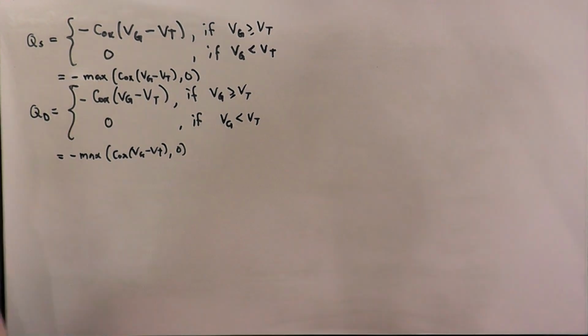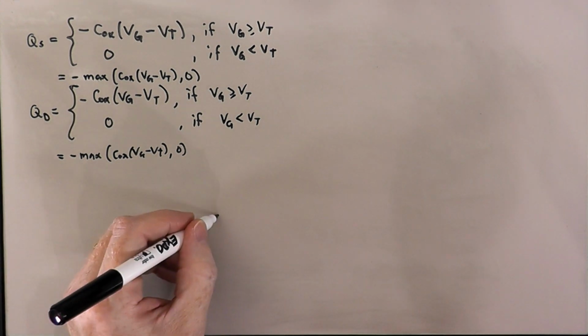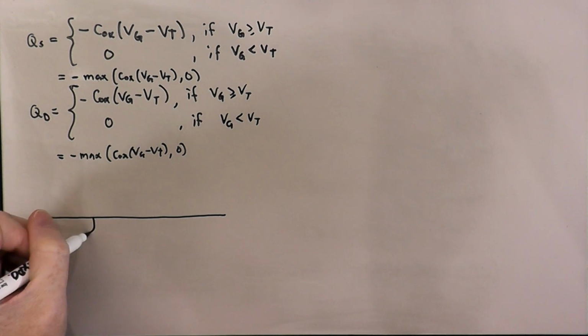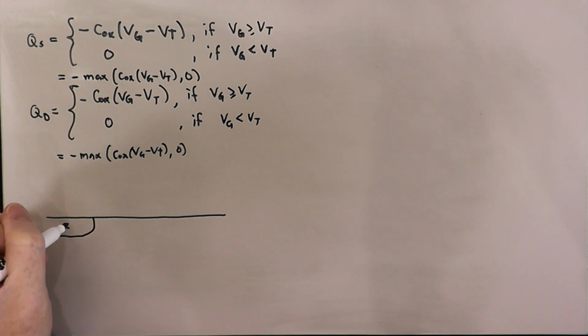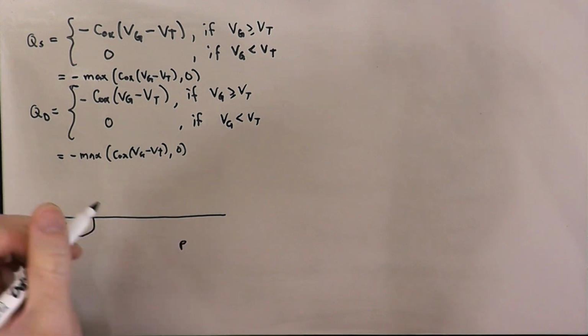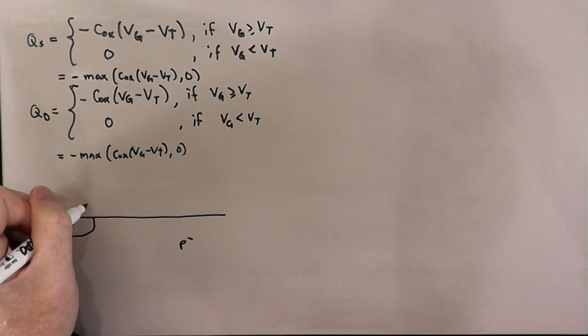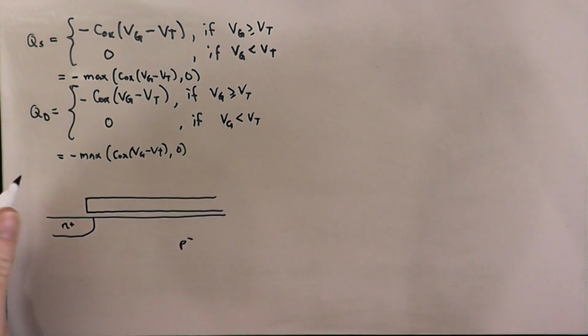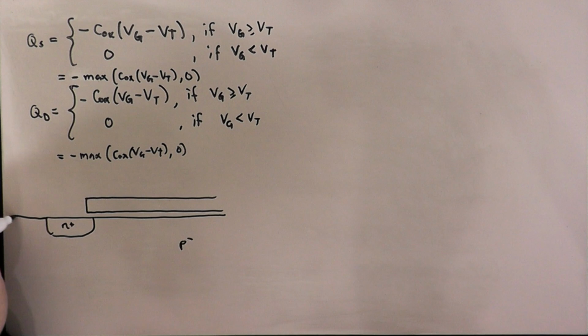Now, I want to think about what this threshold voltage is, right? So if you recall, we zoom in and just look at the source end of the channel. So you got this P minus substrate, and we got the gate sitting here. And maybe we'll draw the bulk here, bulk contact.